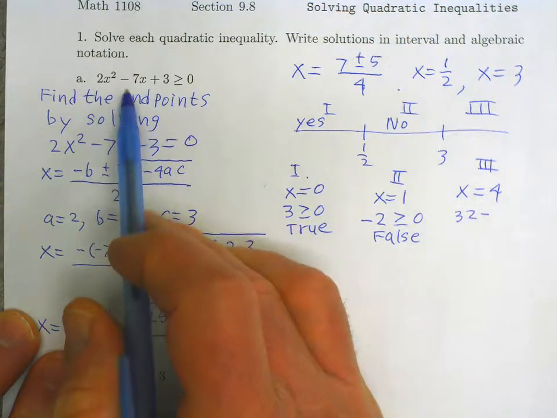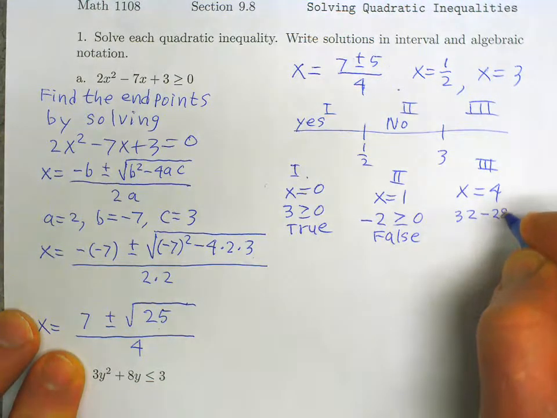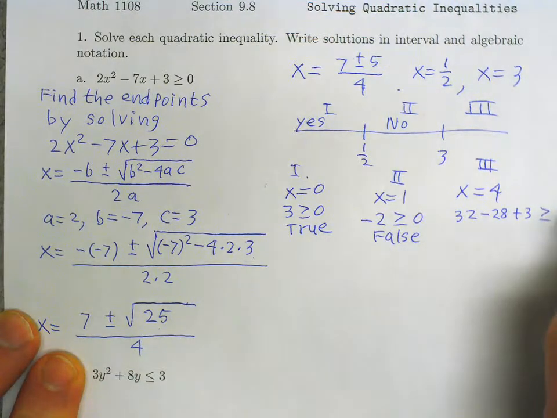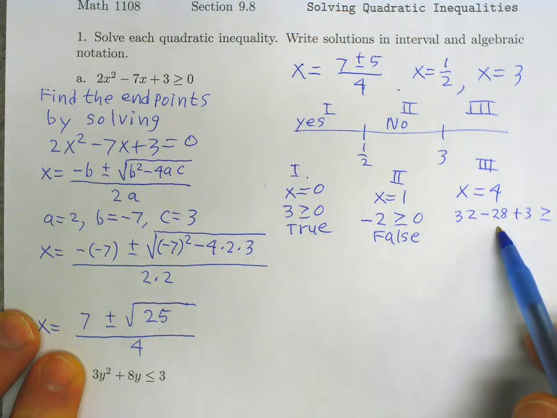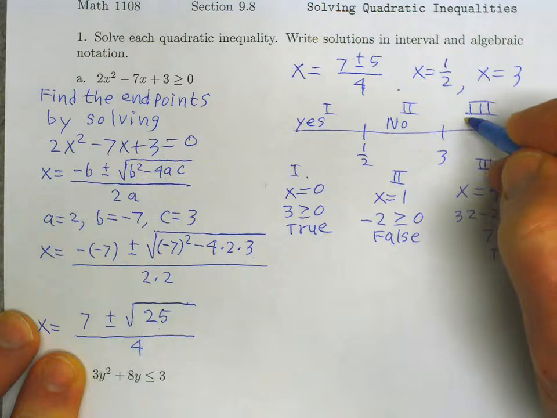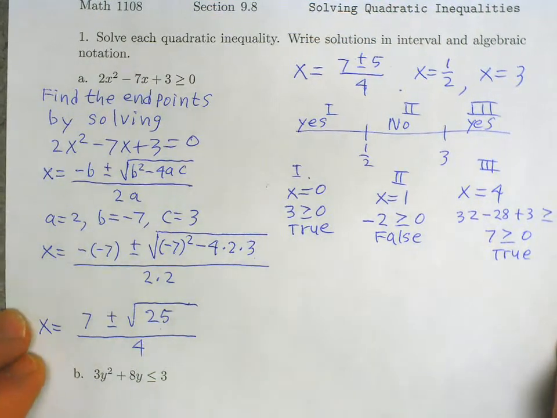And from that, we're subtracting 7 times 4, which is 28. And 32 minus 28 is 4. 4 plus 3 is 7. 7 greater than or equal to 0 is true. So yes, the numbers from 3 to infinity are solutions.